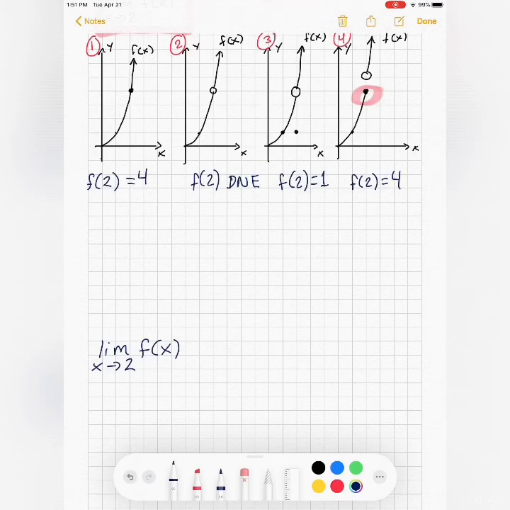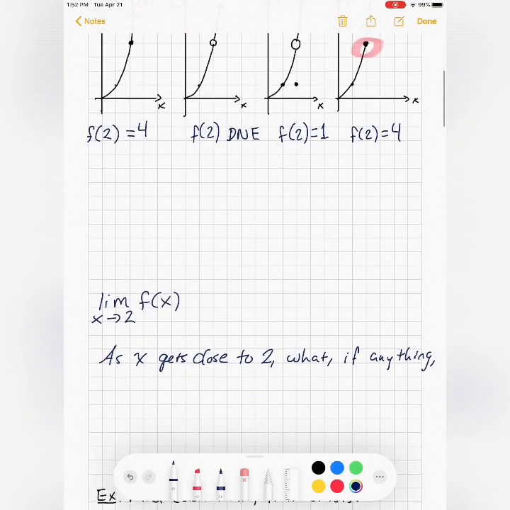And so this is saying, as x gets close to 2, what, if anything, does the y get close to? That'd be a very basic interpretation or translation of that limit into a question.